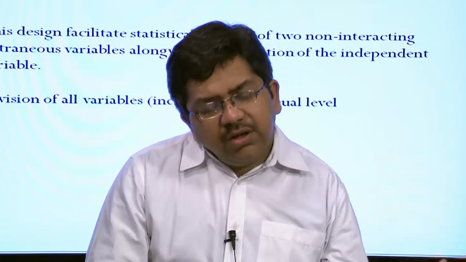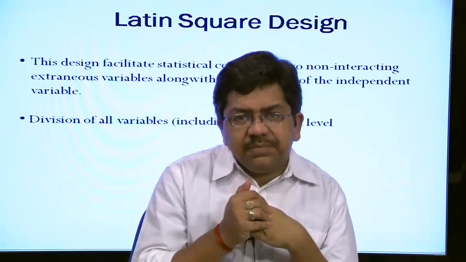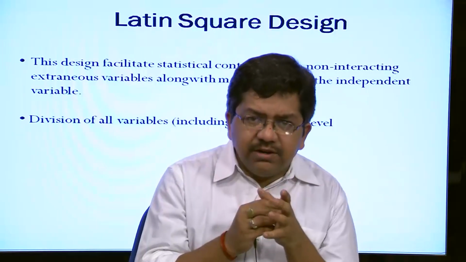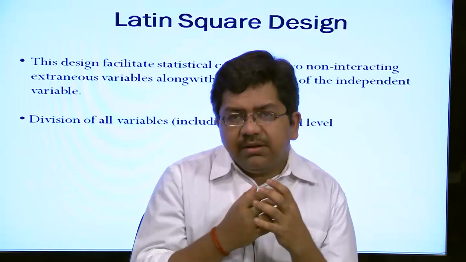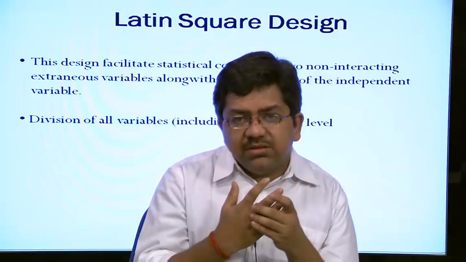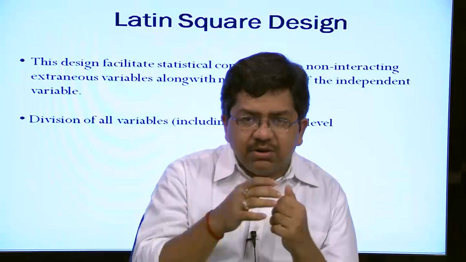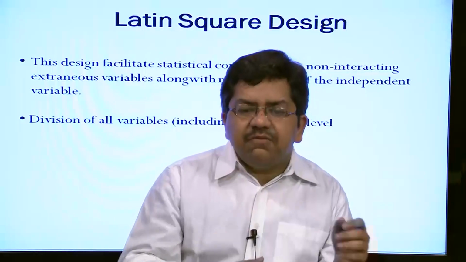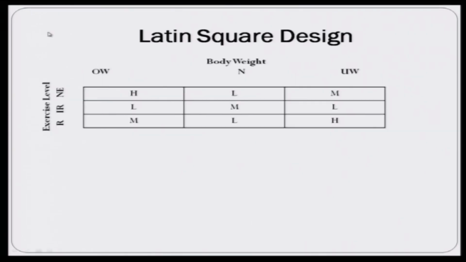However, in a Latin square experiment, the levels of each of these extraneous variables and the levels of the independent variable, the manipulation levels or number of categories, have to be the same. So, division of all variables into equal levels is required in this Latin square design.